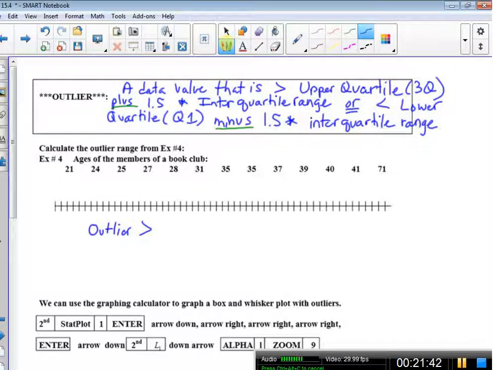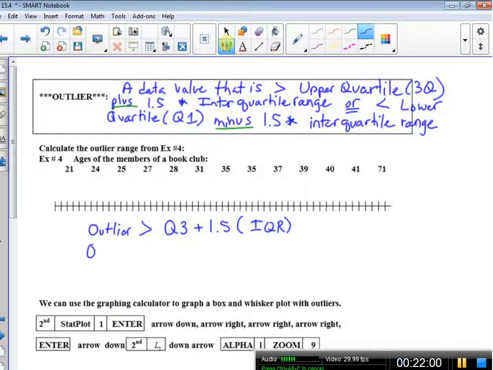If it was less than that first quartile, we'd use the less than. So it's greater than the upper quartile, which is quartile 3, plus 1.5 times that inner quartile range.